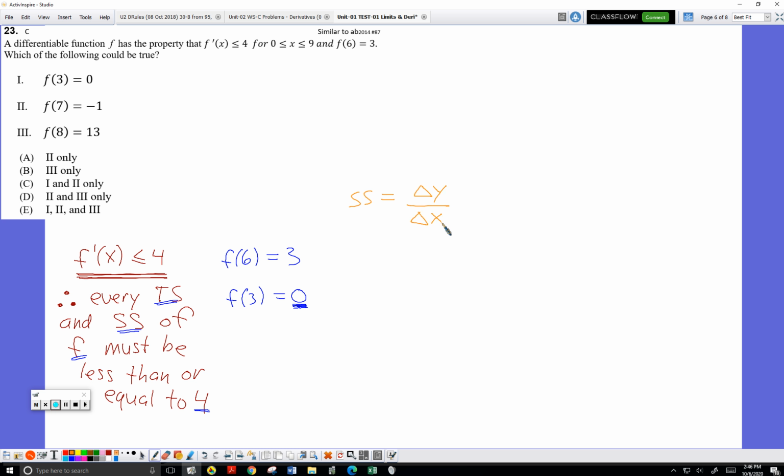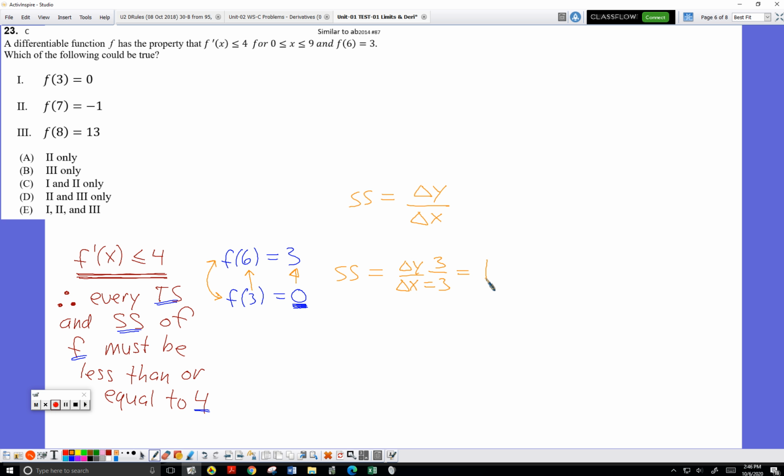Mike, how much does the x value change between these two points? It changes by 3, because it went from 3 to 6. The y value went from 0 to 3 also, so change in y is also 3. Therefore, that secant slope is 1. We're good. That secant slope is less than 4.